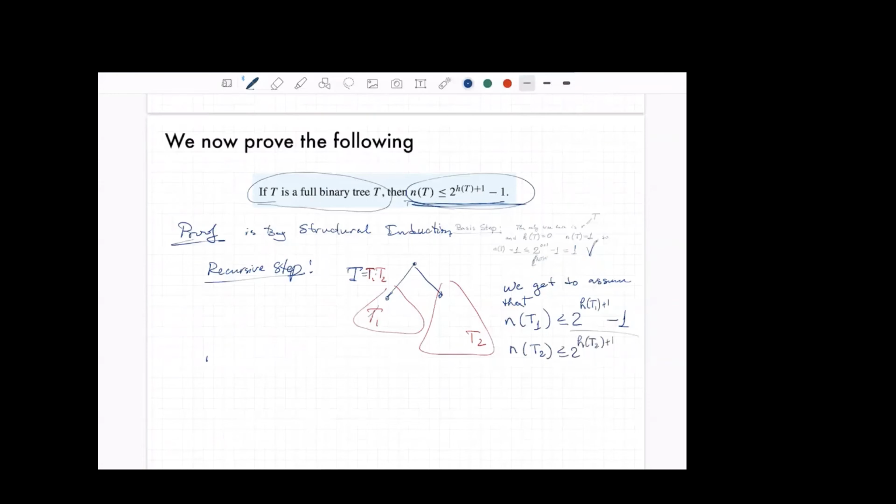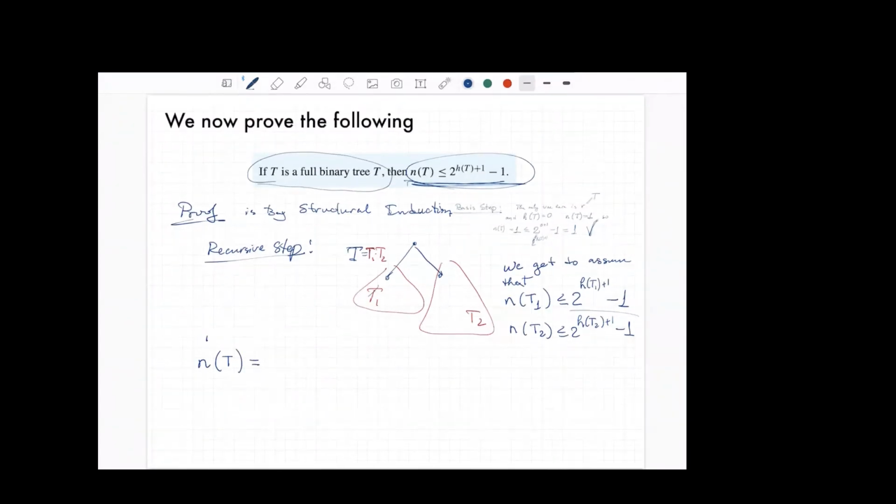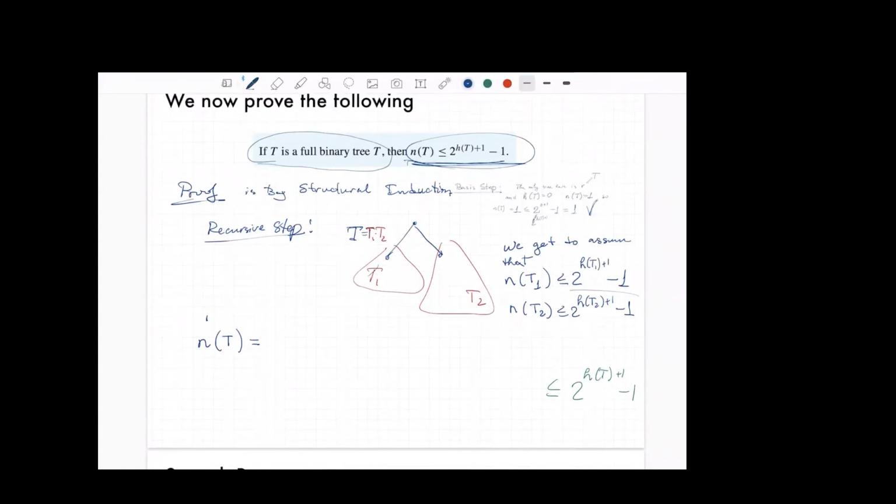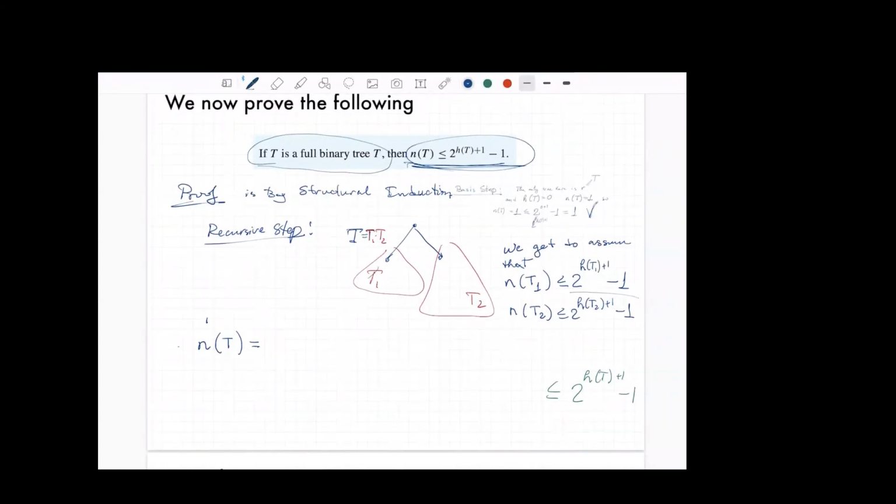Now we want to prove that for this tree T, the number of nodes satisfies the same bound. At the end of the day, this is what I need to prove. So how do we prove this? Well, I start here, and I want to end up here. That's my Simpson's cloud, so it's on the side.